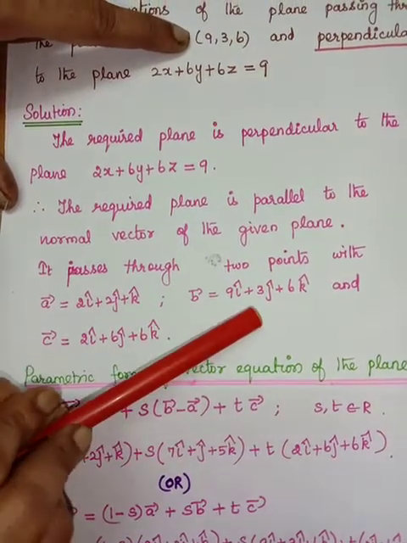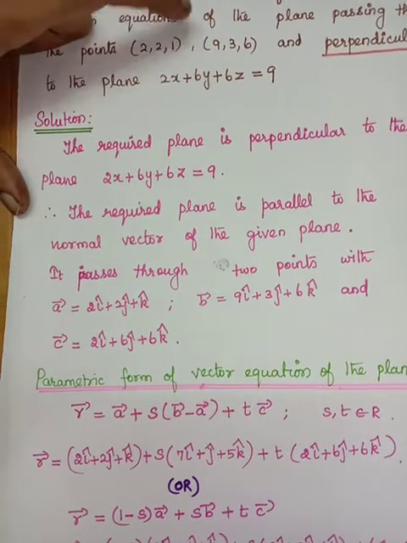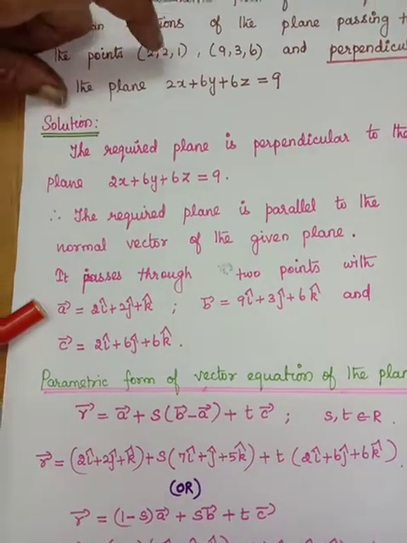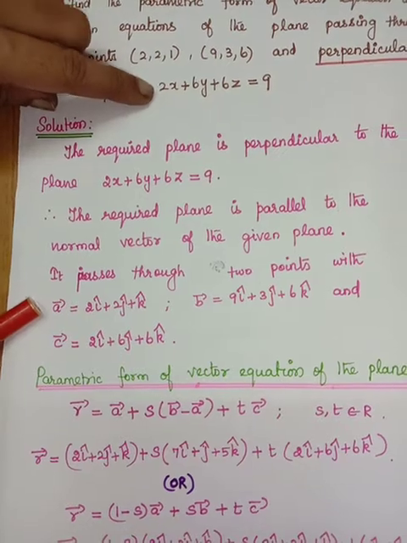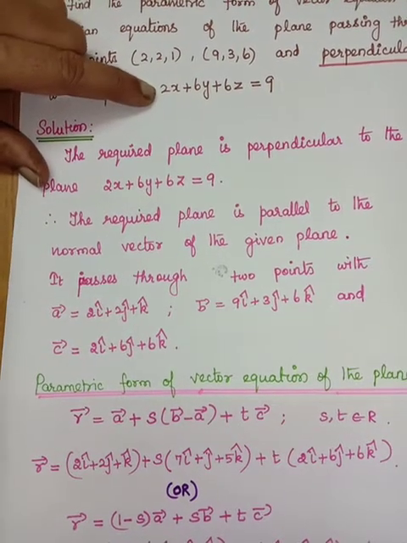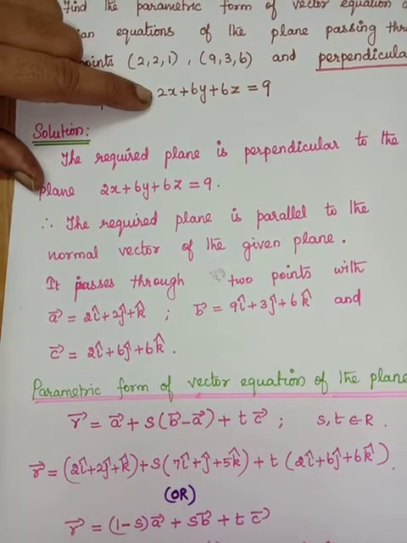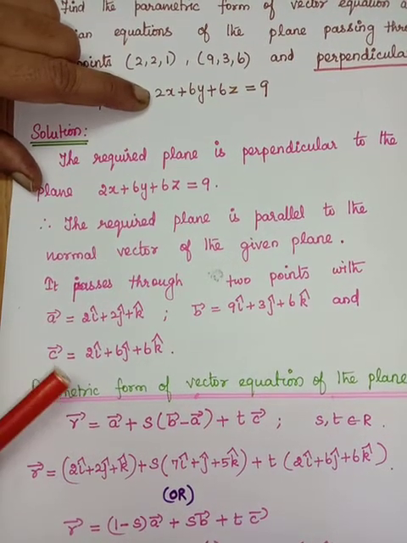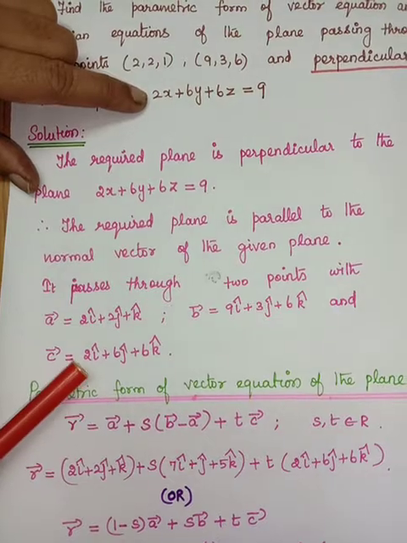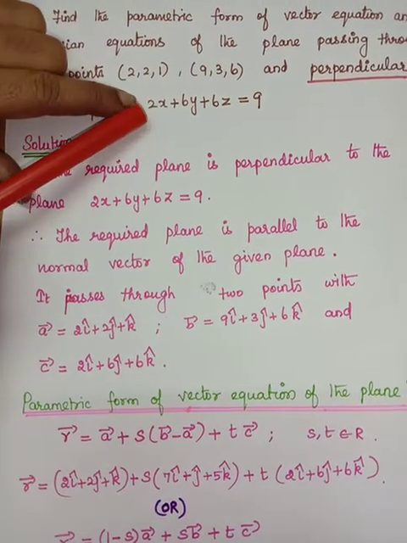These two are nothing but the position vectors of the passing points. From the given plane, you have to take the normal. That normal is parallel to the required plane. So how to write the normal?